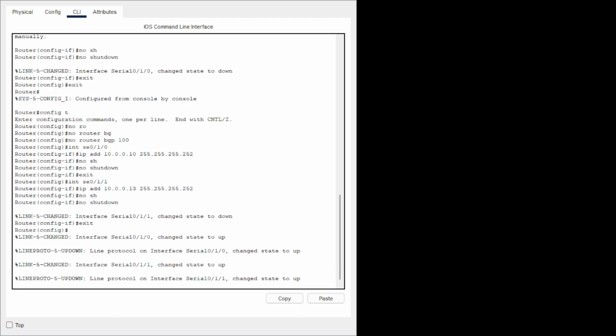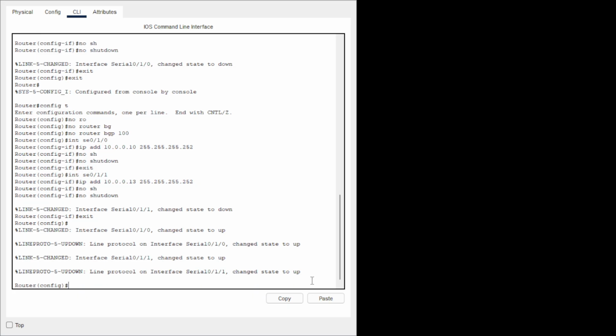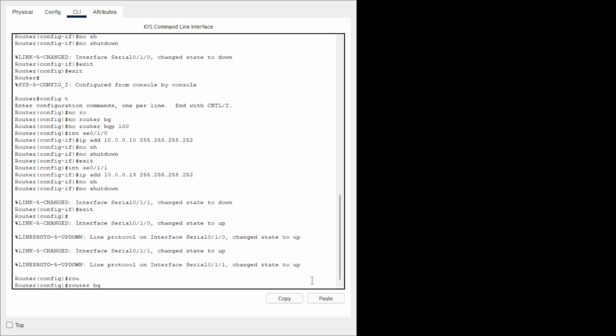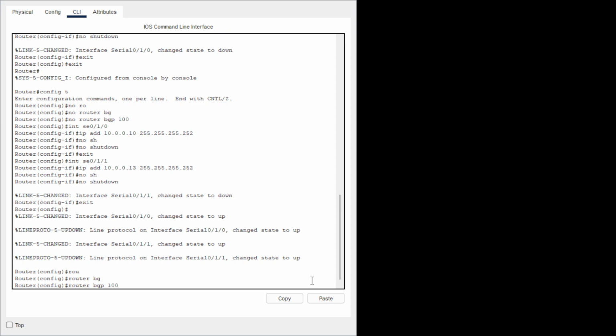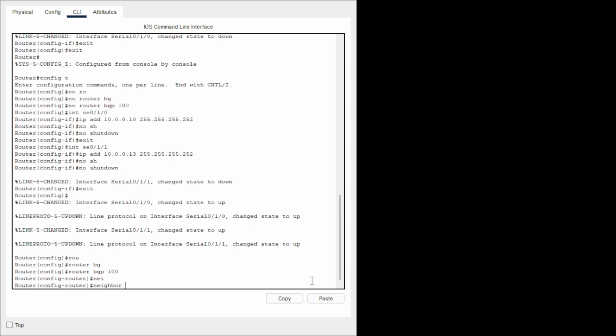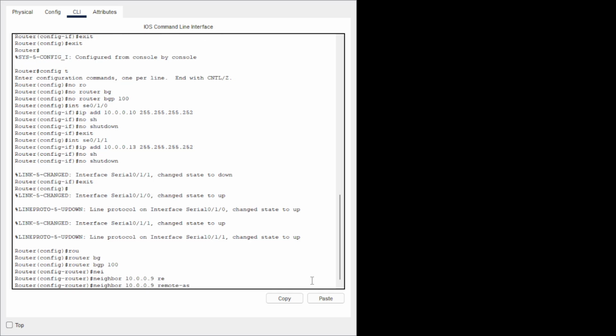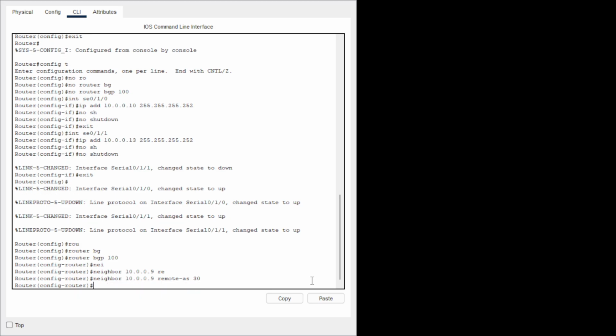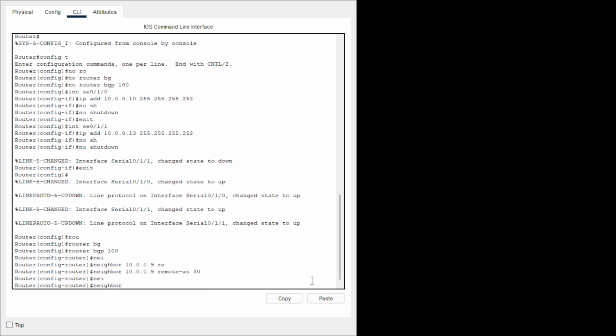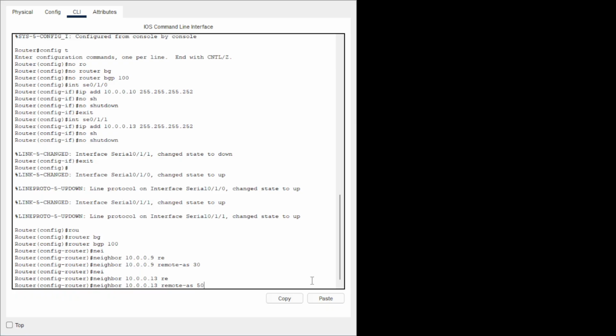So router number 3 screen has been brought, and here defining BGP with ASN number 100 and its neighbor as 10.0.0.9 with remote ASN of 30, and another is 10.0.0.13 with remote ASN of 50.